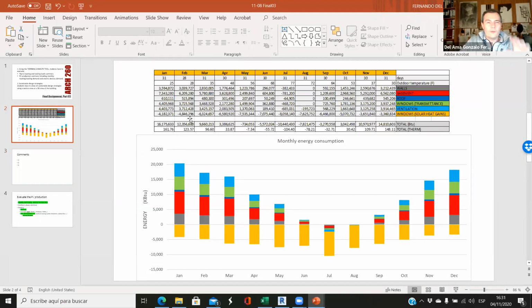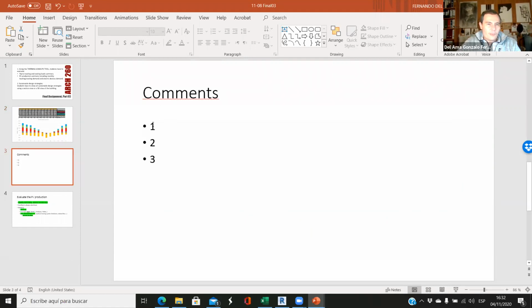You can do this before, without passive house standards, without thermal insulation in the basement, without the heat recovery, and then insert the same graphic with improvements, and see what happens. So this is it, but comments are important. Just write 3, 4, 5 sentences about what you have learned by doing this.